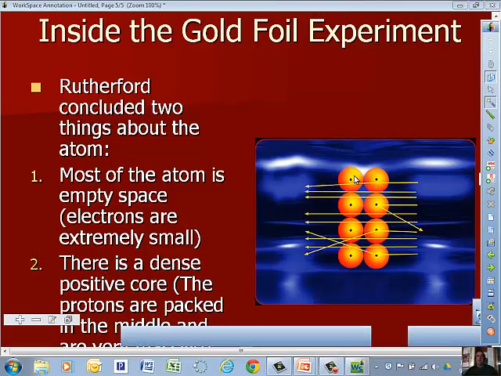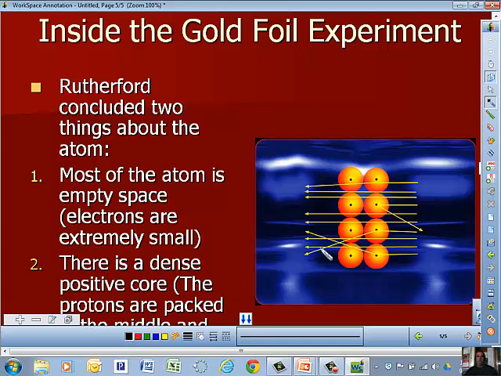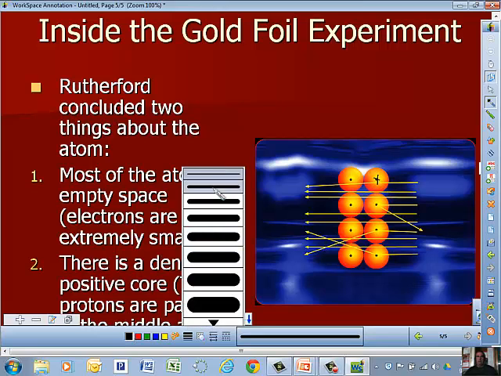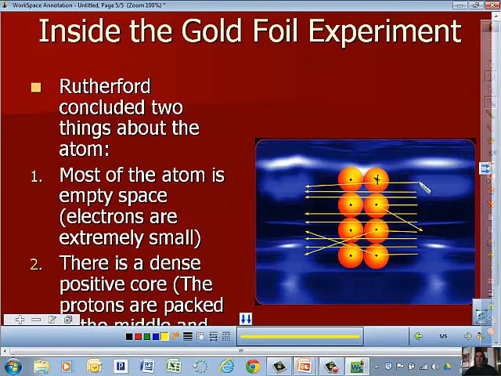Because as I stated, let's put this positive charge right here. And if this is positively charged here, and a particle is coming right towards that center, it's going to deflect and change its direction of path.